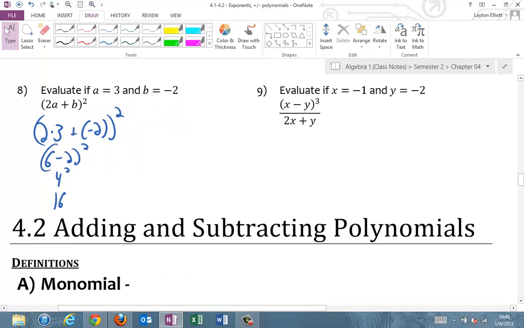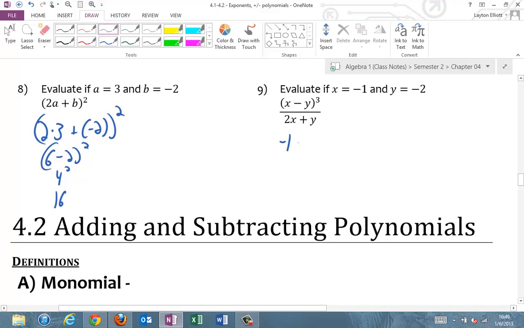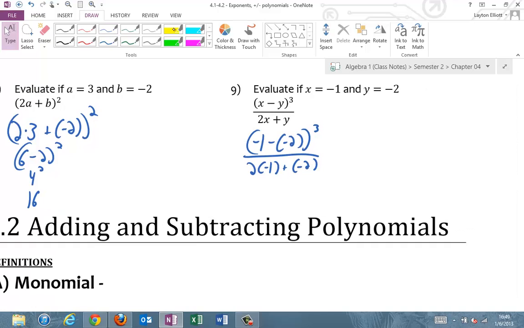Number 9, same thing, substitution. Negative 1 minus a negative 2 cubed over 2 times negative 1 plus a negative 2. Clean that up by looking inside the grouping symbols first. Negative 1 minus a negative 2 is the same thing as negative 1 plus a 2.